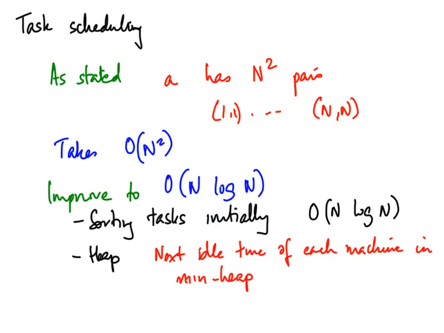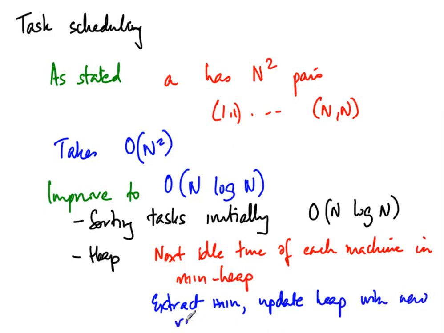So what you do is that you extract the minimum and you update the heap with a new value, right? And now this takes time log n for each job. So you multiply it by n jobs, and so you can do the allocation of the n jobs in time n log n.